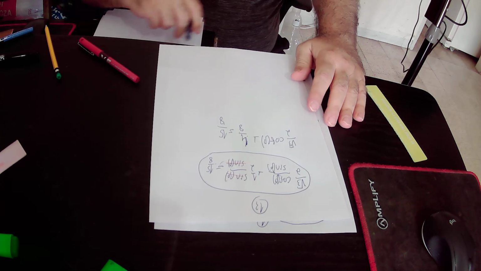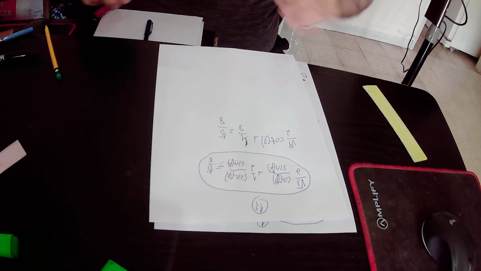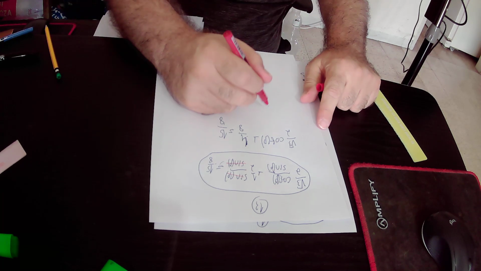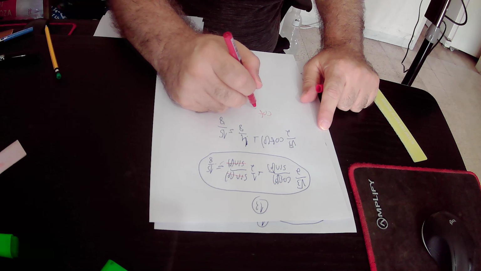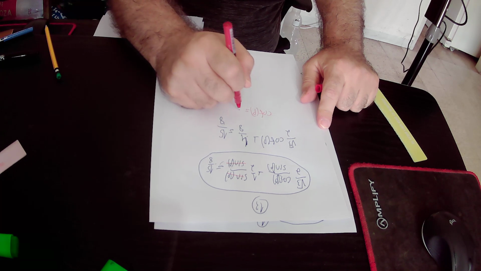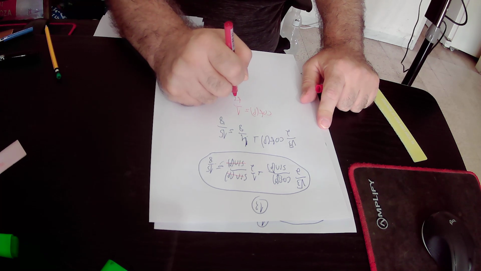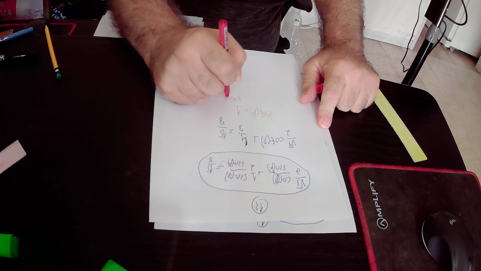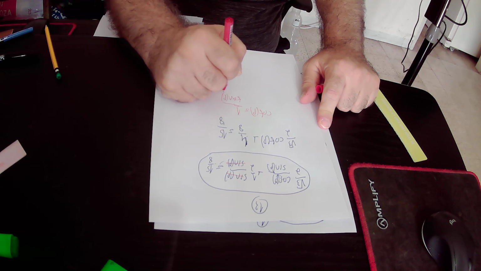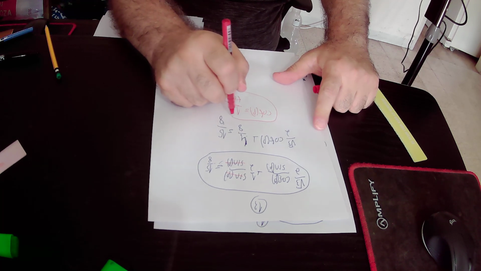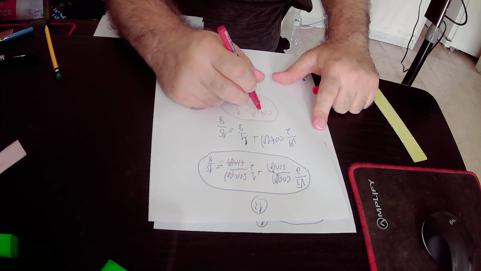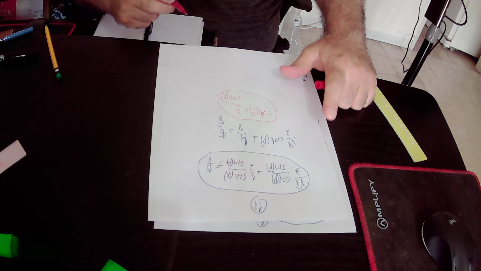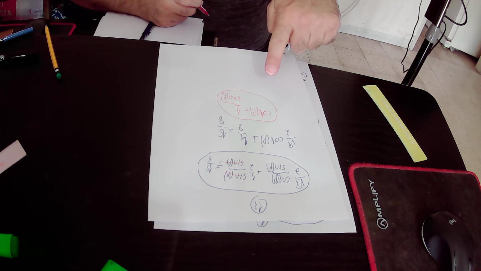Here, for cotangent P, we have the trigonometric identity that says cotangent P equals 1 over tangent P. We use this trigonometric identity.